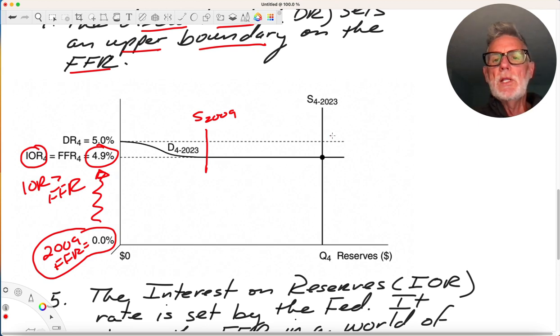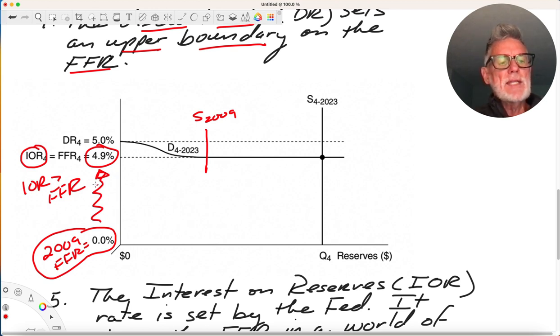I mean, suppose we look at another model in the year 2025, and we see that the Fed has wanted to lower the federal funds rate back down. So by 2023, it's moved the federal funds rate up to about 5. But what if by 2025, it wants to move the federal funds rate back down again? Well, it's going to follow that process we just described.